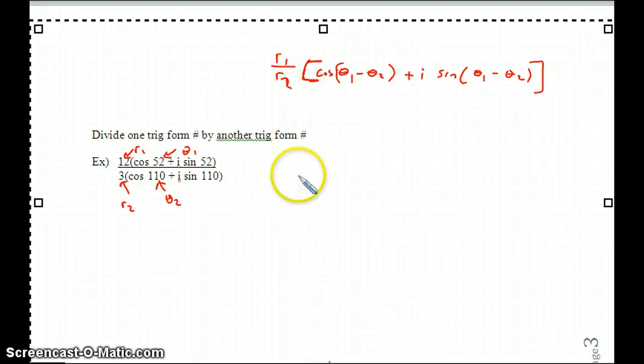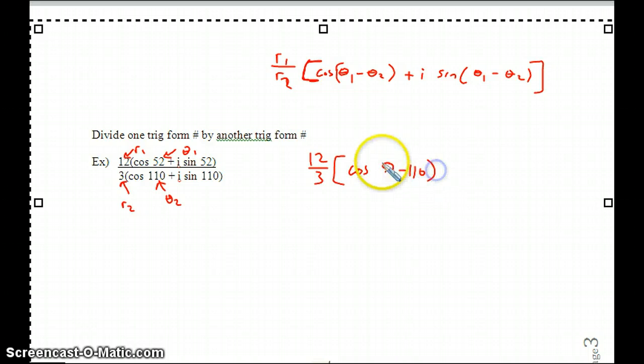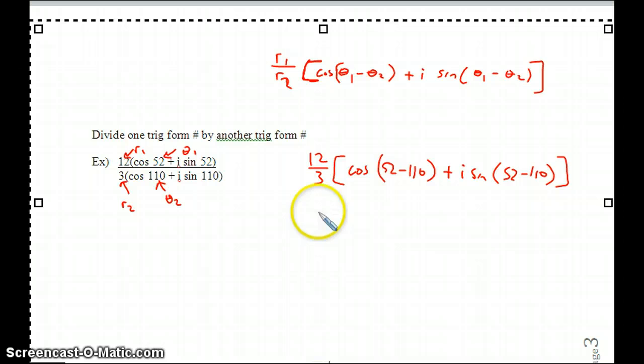So now just plugging it into this formula, we would get 12 divided by 3 times the cosine of 52 minus 110 plus i sine of 52 minus 110. So I know this is going to be 4 times the cosine of negative 58 degrees plus i sine of negative 58 degrees.